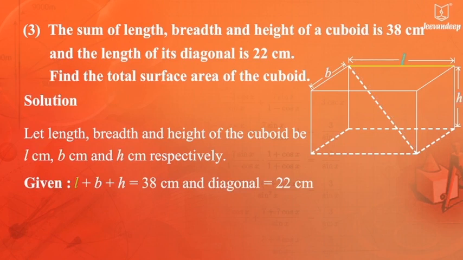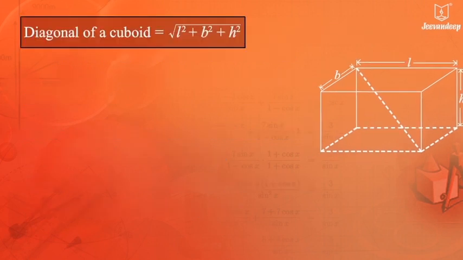Given L plus B plus H equals 38 centimeters and diagonal equals 22 centimeters. To find total surface area, that is ST.